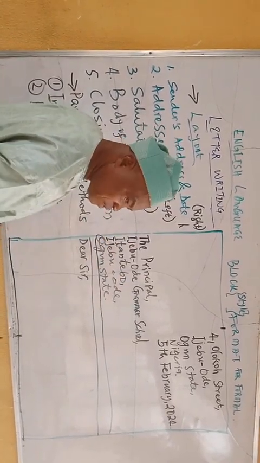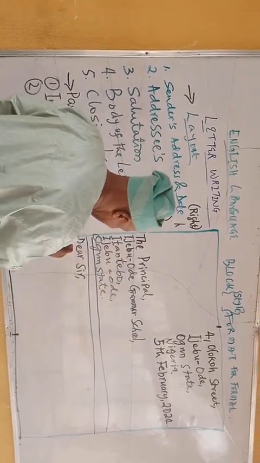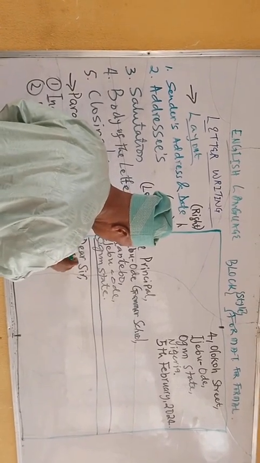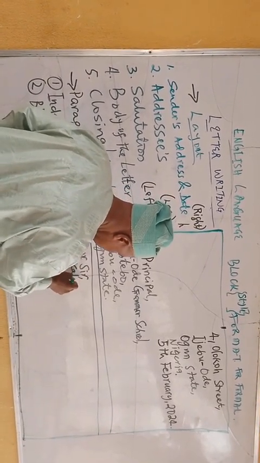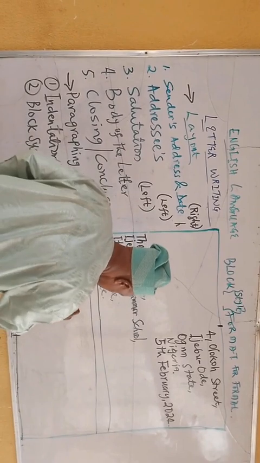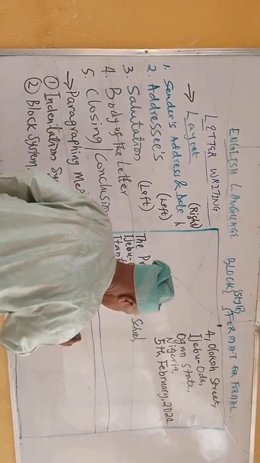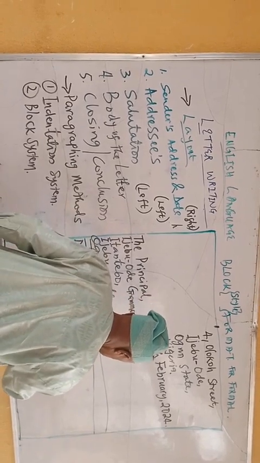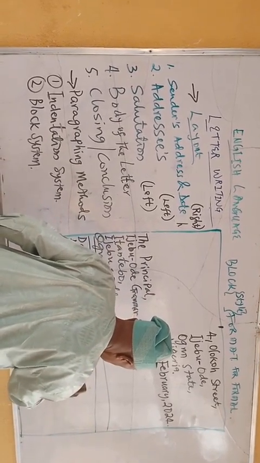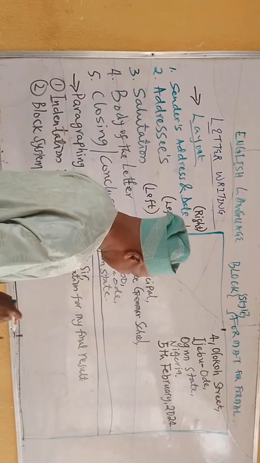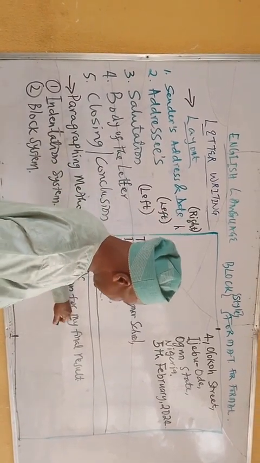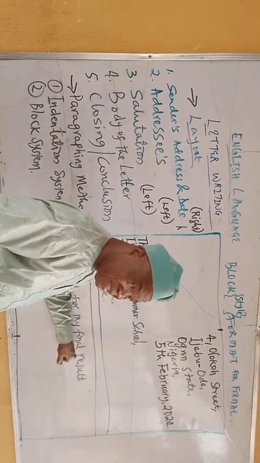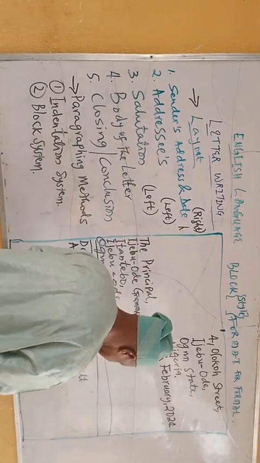So, Dear Sir, what do you want to do with the school? An application for my final result. There are some rules that say that every word you are writing must begin with a capital letter, but I'm not observing that this time.